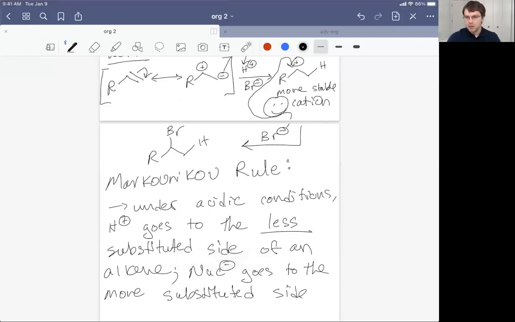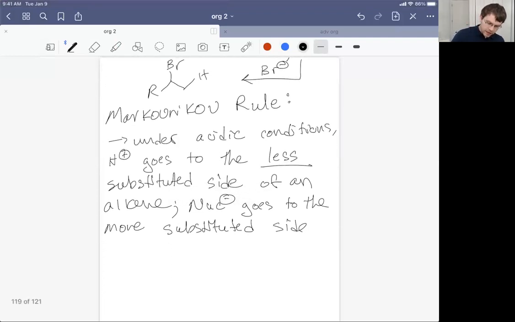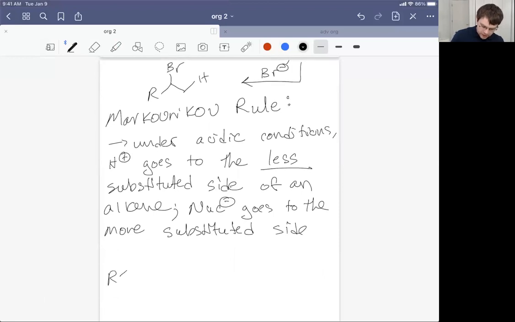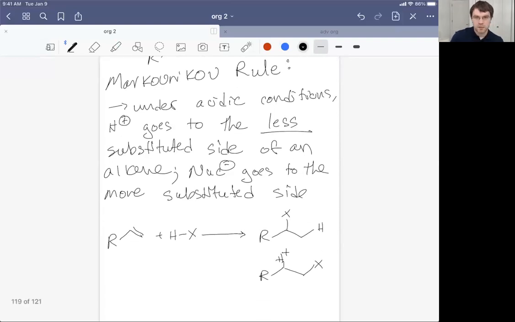Okay, so what that means is that when we have our generic alkene reacting with HX, we're going to see the selective formation of a product where X goes to the more substituted and H goes to the less substituted. Now, in terms of the arrows, from our non-resonance depiction of the original molecule, it seems possible that the lower structure could form, but it does not form under these conditions.